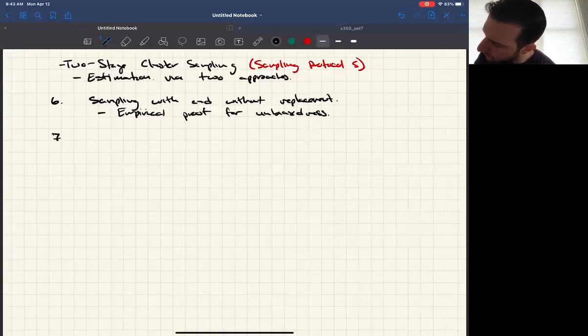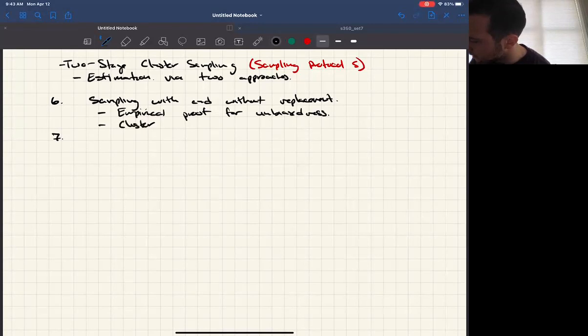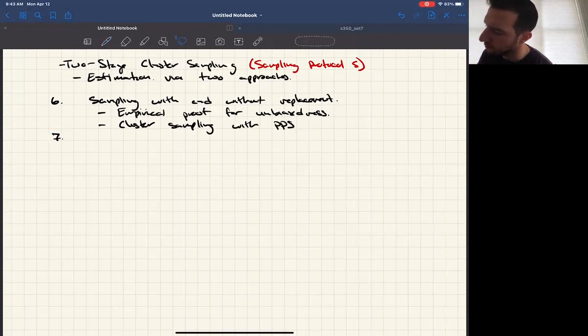And then in lecture set number 7, oh, and we also talked about cluster sampling with PPS. So that was a similar idea. So how does the cluster sampling adapt or change if we don't have an equal selection probability for all of the clusters? And then in the 7th lecture set, we talked about a number of different schemes.